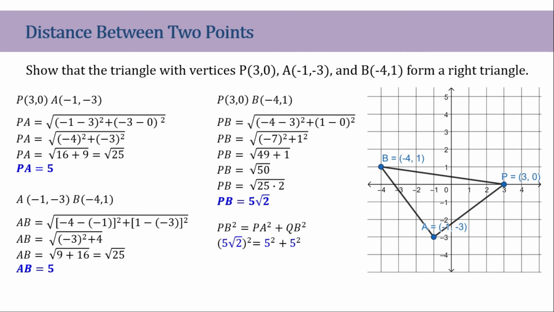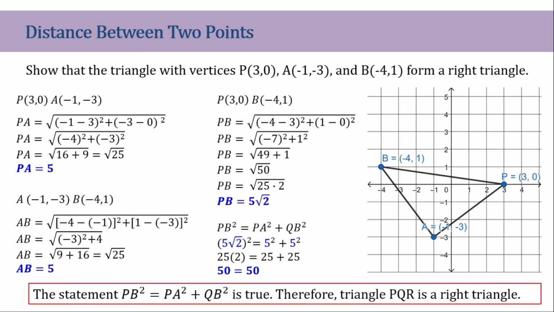If we square 5 square root of 2, we will get 25 times 2. So 5 squared is 25 and 5 squared is 25. 25 times 2 is 50 and 25 plus 25 is 50. So this satisfies the Pythagorean formula. Therefore, it is a right triangle.